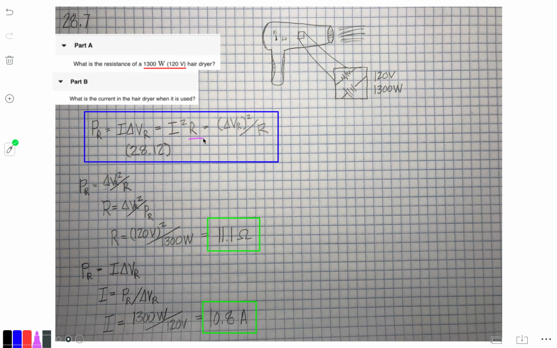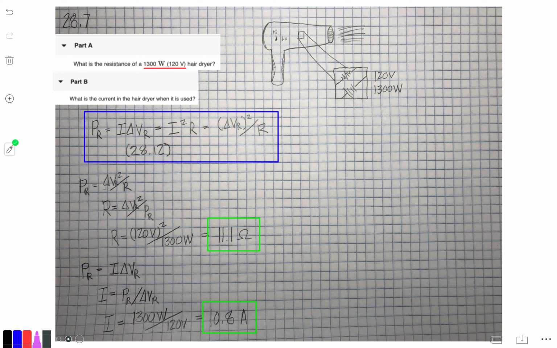So I really like these equations. It's laid out really nice in the book. This is just all different variants of Ohm's law and the power, which is kind of cool.